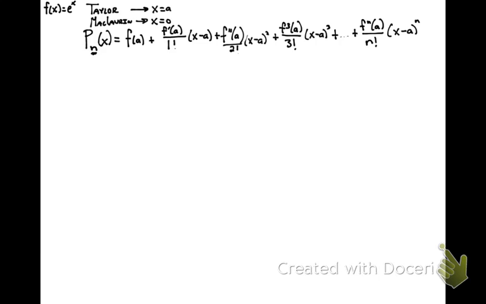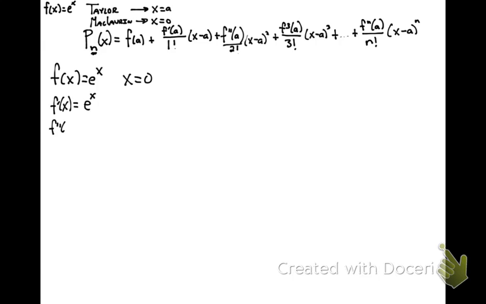And so as an example, we're going to work on a function f of x equals e to the x, and we will center it at x equals 0, which means we're specifically going to create what's called a Maclaurin series. F prime of x, and we'll do the first 4 terms, happens to equal e to the x. And this is nice.